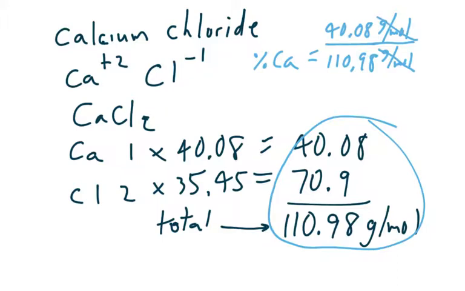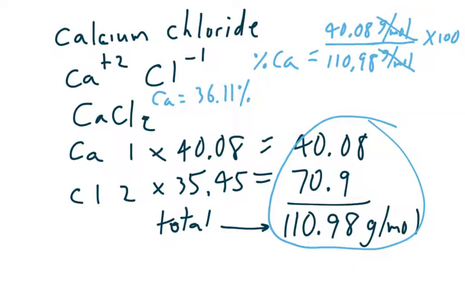They completely cancel out. So 40.08 divided by 110.98, which is the total. And don't forget to multiply by 100. You're going to get that the percentage of calcium is 36.11%. Okay, so there's our calcium.